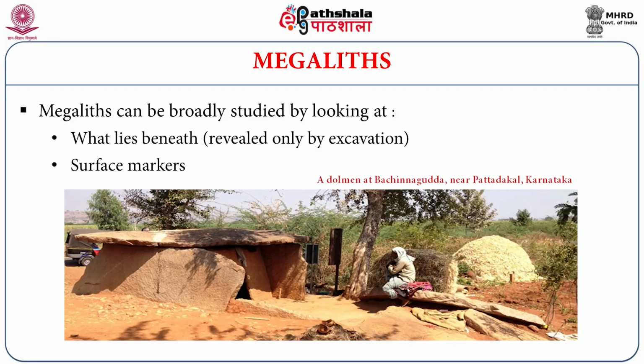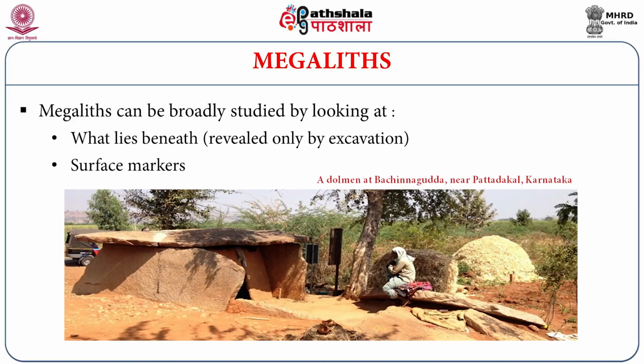Sometimes we may find urn burials independently. Actually, these are terracotta urns which are pyriform in shape, in the shape of a beetroot. They are found with a lid on top. Sometimes they are found independently, sometimes they are found within a cairn circle.